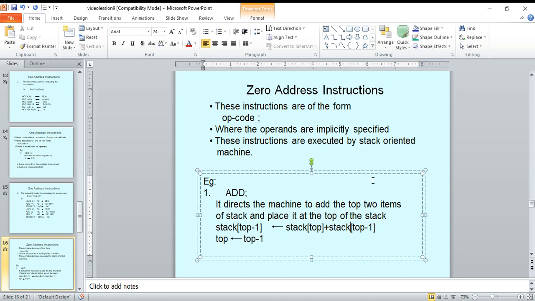For example, if the stack size is 4, the top is now 4. From the fourth location we can access one number, and from the third location the other number, perform the addition of these two, and what was top minus 1 now becomes the top of the stack. At that place we store the result. This is the zero address instruction.